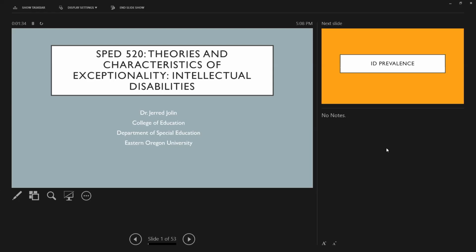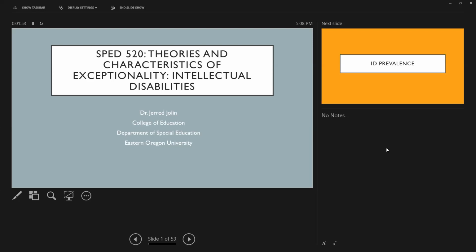So we're just going to go ahead and follow the order presented in the book, and they start off with intellectual disabilities. So we've learned a bit about intellectual disabilities already. We talked about mental retardation a lot.